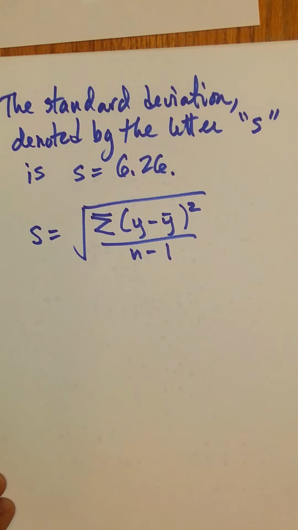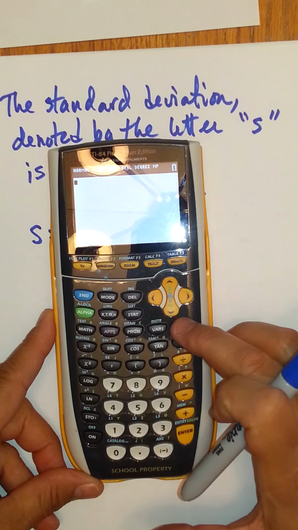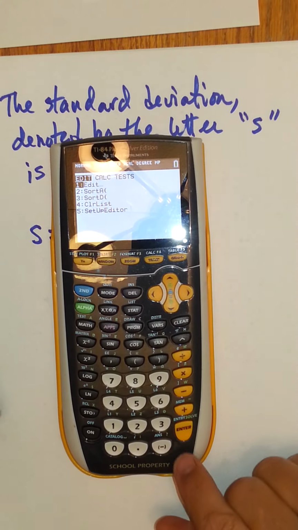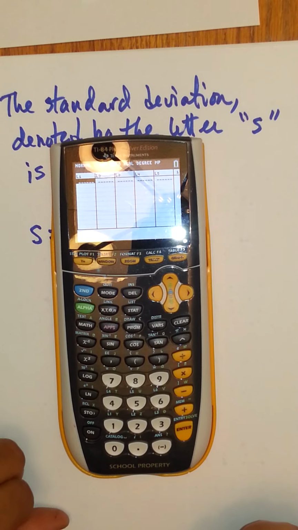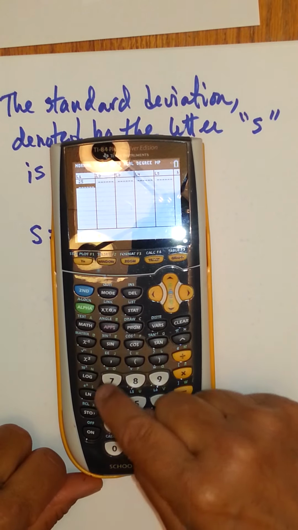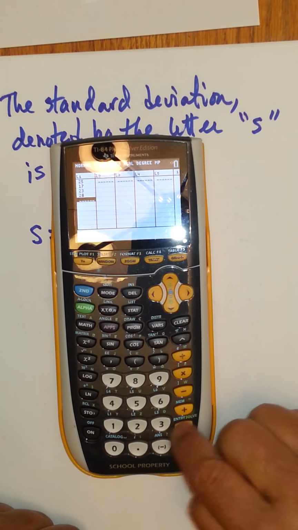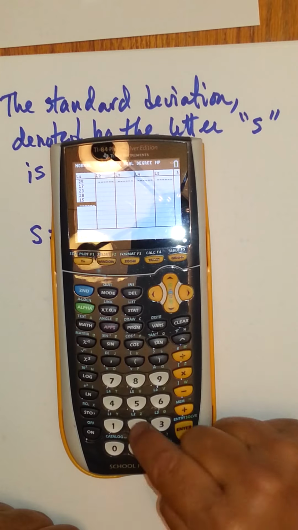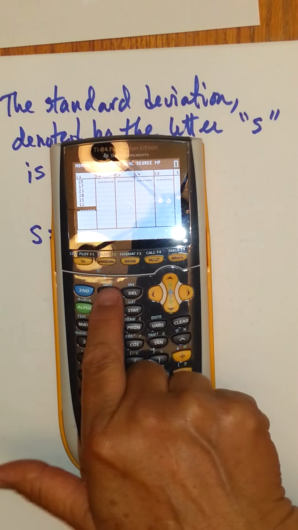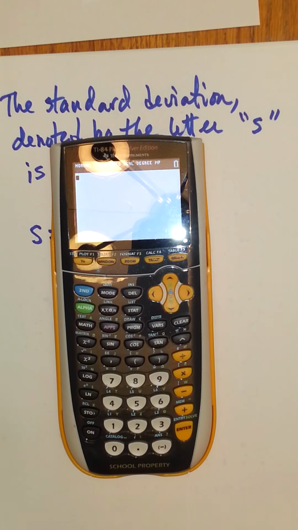Okay? Now, you can do this on your calculator. Let's go ahead and just see how easy this is. I'm going to go ahead and open up Stat, and then I'm already in Edit, and let's put in these values: 25, 17, 23, 28, 15, and 12. I have all my values in. I like to go second mode so that I quit onto a nice home screen and I make sure it's nice and clear.